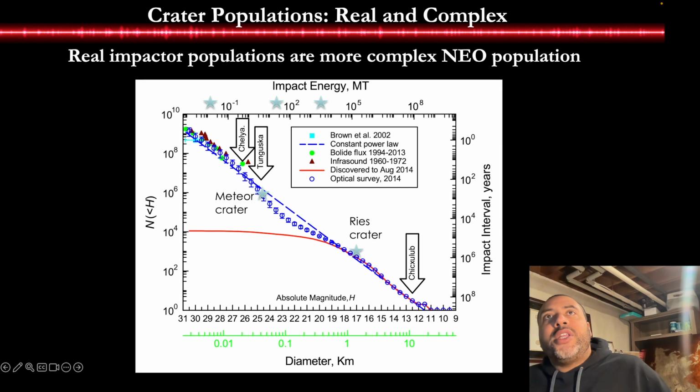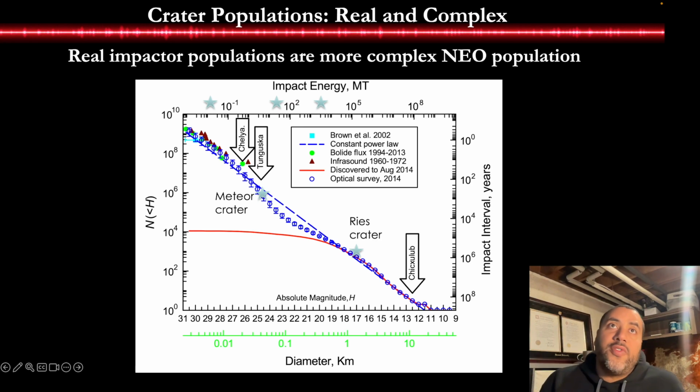If we have good reason to believe the production function follows this dashed blue line, what we see with the red line is that it shallows. Part of this is because on Earth, very similar to Mars and Venus, we have weathering and erosion. On Earth, we also have plate tectonics, so it's much easier to remove craters compared to the Moon.